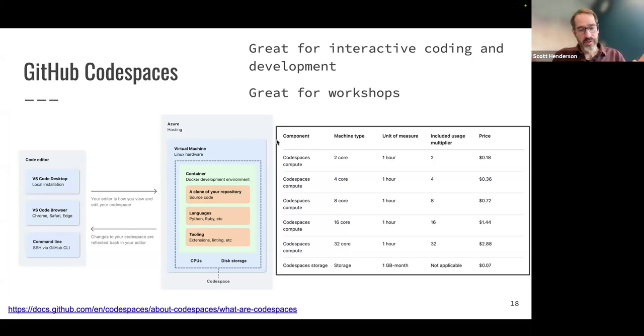Or if you're doing lightweight stuff that doesn't require large machines, then everyone can launch that 2-core base level machine on their own account. I think it's 100 hours free per month that anyone with a GitHub account can use. So it's not a lot, but it is great for smaller workshops, in my opinion.